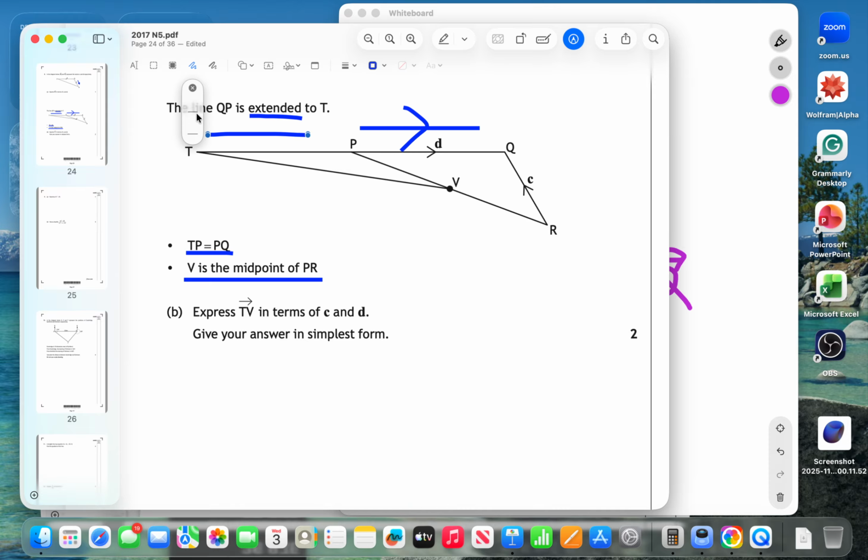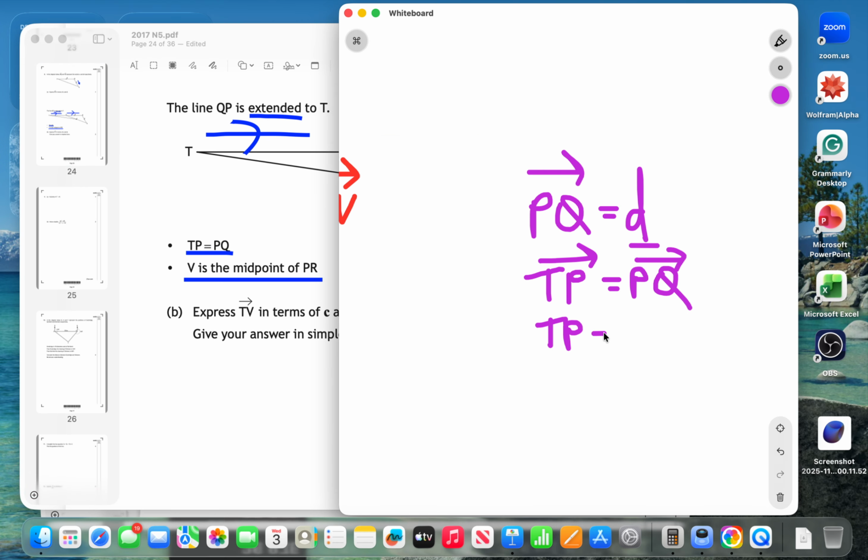And we also have to go that way. So we're all good. And so that is D.